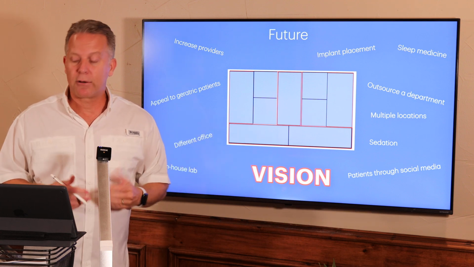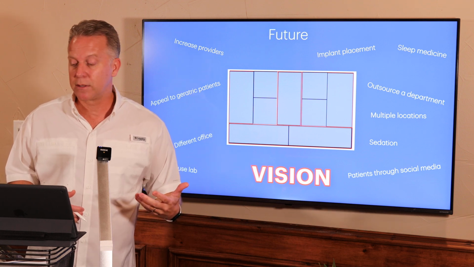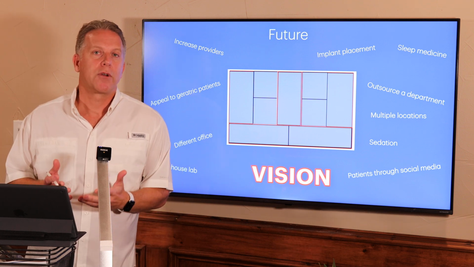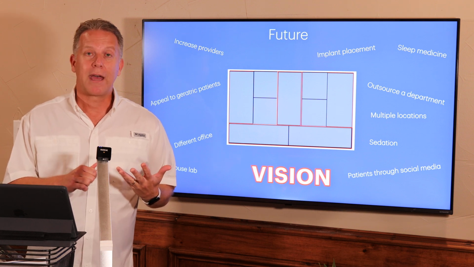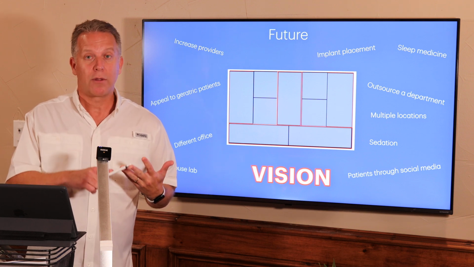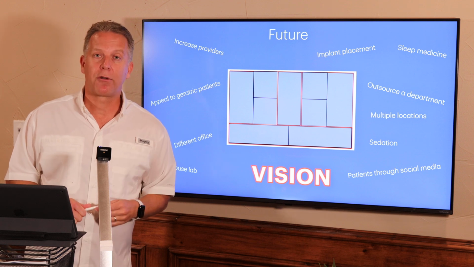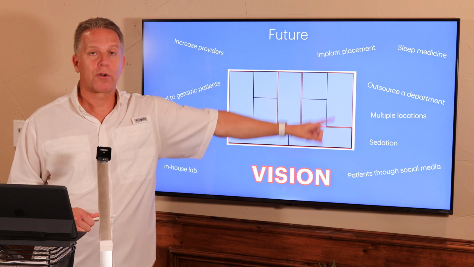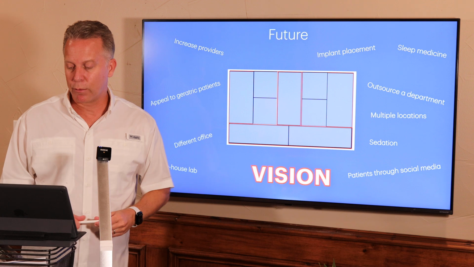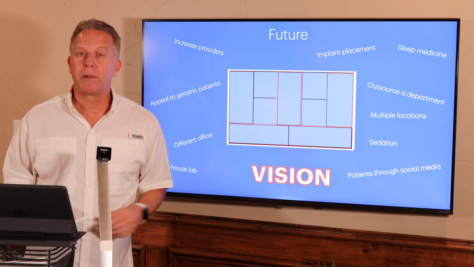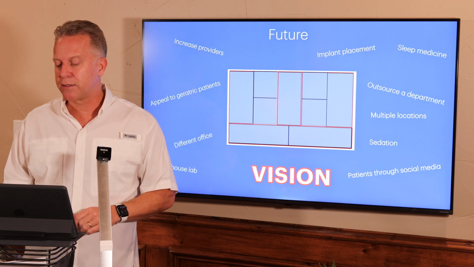You could bring in an in-house lab. You could do implant placements. You could do sleep medicine. There's different things you could offer. I said cleanings and just fixing teeth. Well, we could add to that sleep medicine. That's another thing. You could put that over here on what you're trying to reach and some of the key activities of what we're doing. You could outsource a complete department, so say billing to somebody else.